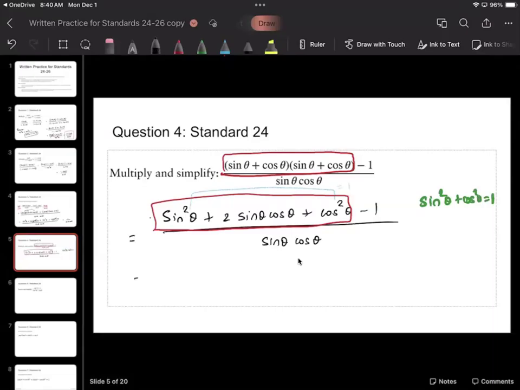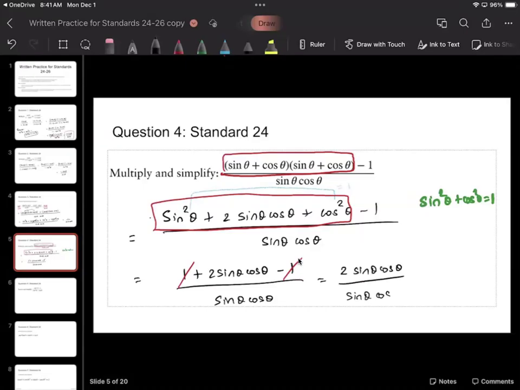Now, when you use that, what will happen is you have 1 plus 2 sine theta cosine theta minus the 1 from the numerator all over this. So here the 1 and the 1 gets cancelled away, right? Giving you this. Now I can cancel the sine theta with sine theta, cosine theta with the cosine theta, leaving me with 2 as my final answer.